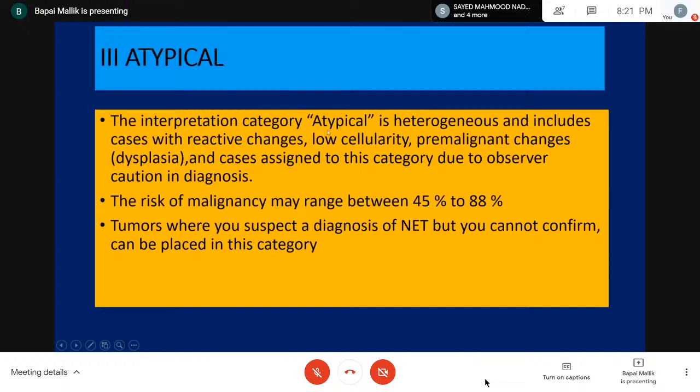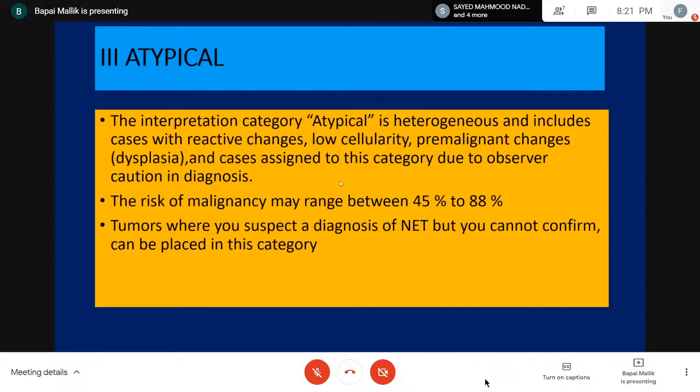Sometimes you see cells which you are pretty certain are malignant, but the cells are too few, so you call it atypical. You can even put it in the suspicious category based on that. We'll come to that later. And there are certain situations where you are not sure what to write or where exactly to put it; you can put it in the atypical category.